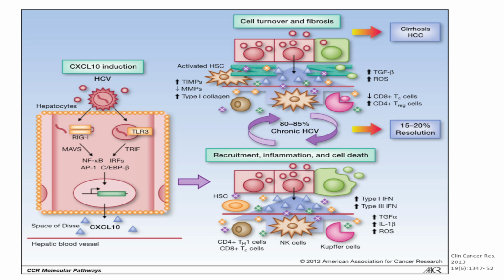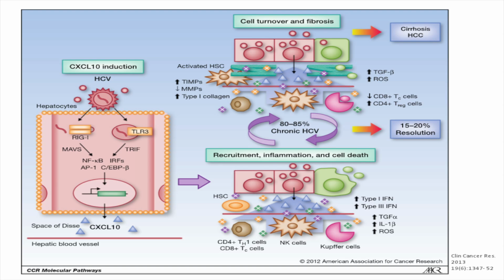And I will be talking later about the role of NF-kappa B and IRFs, or interferon regulatory factors. The engagement of RIG-I and TLR3 leads to transcriptional activation of the CXCL10 promoter and production of CXCL10. And this recruits cells from the periphery and also cells within the liver to the site of infection. These non-parenchymal cells include CD4 and CD8 cells, NK cells, Kupffer cells, and hepatic stellate cells.